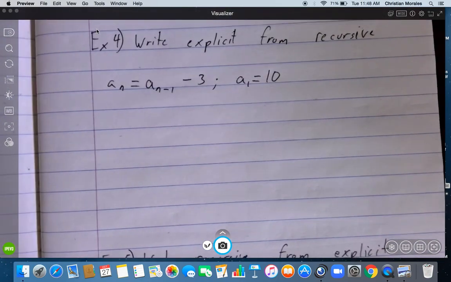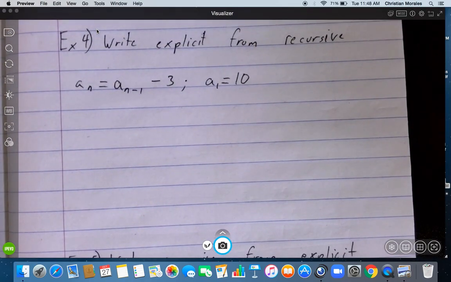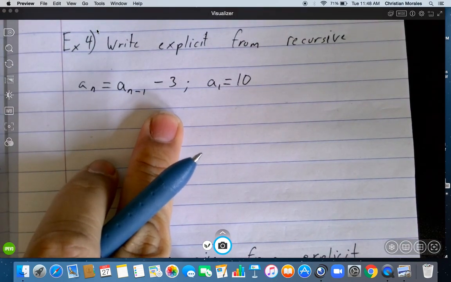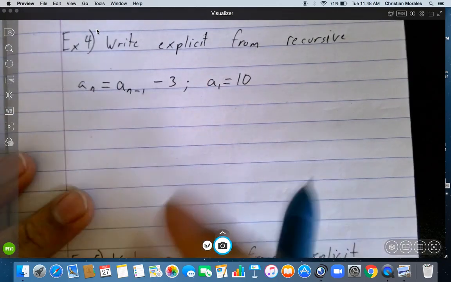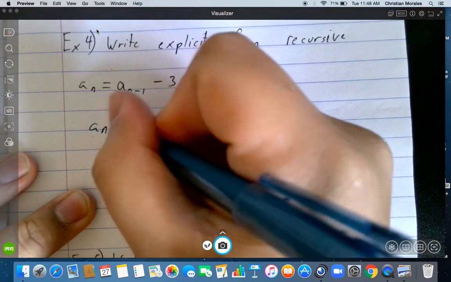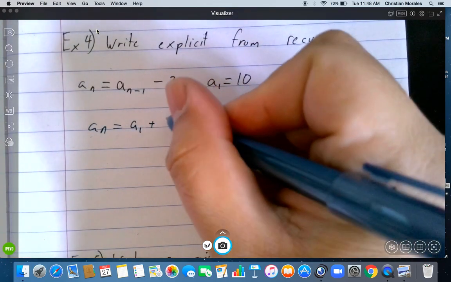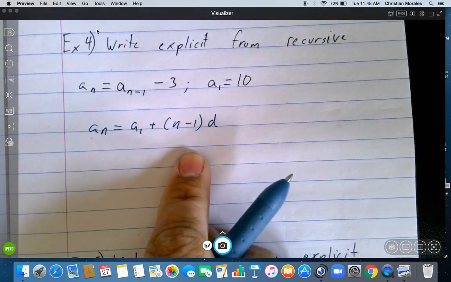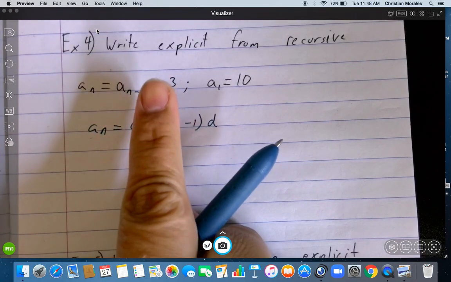How do you change it from recursive to explicit? So what if they give you this formula, but you don't want this formula anymore because it doesn't work as well? What if you want the explicit? So remember, the explicit is this one. Okay, that's the explicit. This is the one that lets you solve for any term anytime. The recursive only lets you do one at a time.